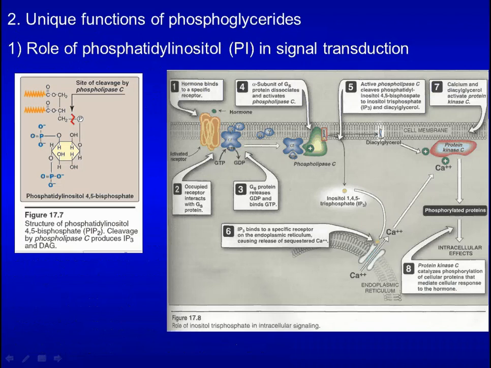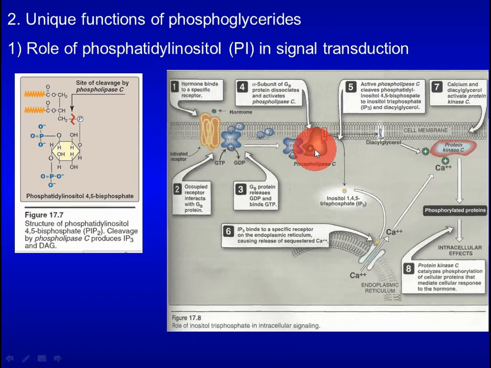Phosphatidylinositol is typically phosphorylated at positions 4 and 5 in the inositol ring, leading to phosphatidylinositol 4,5-bisphosphate or PIP2. When the G protein coupled receptor is activated, G protein binds phospholipase C and activates it.